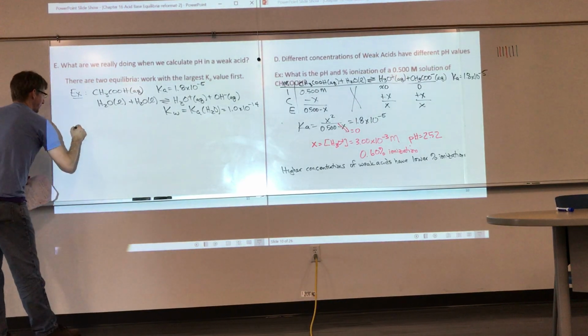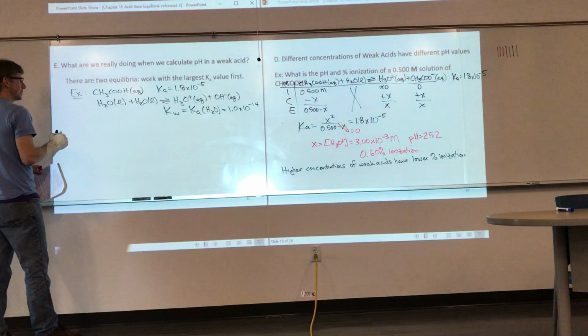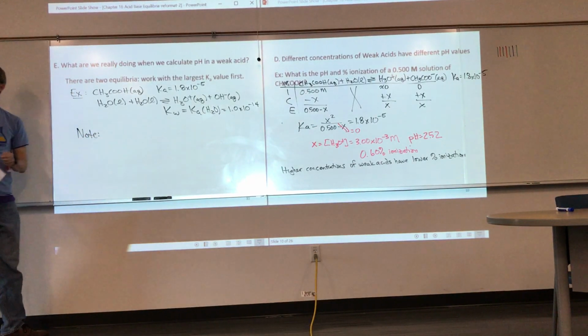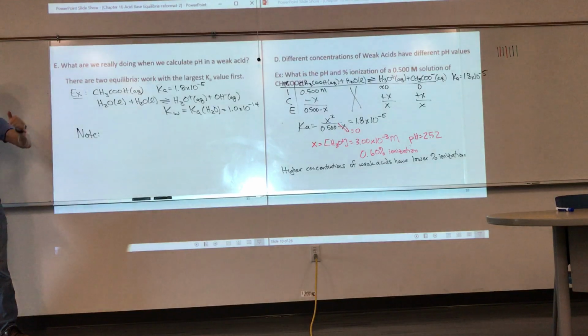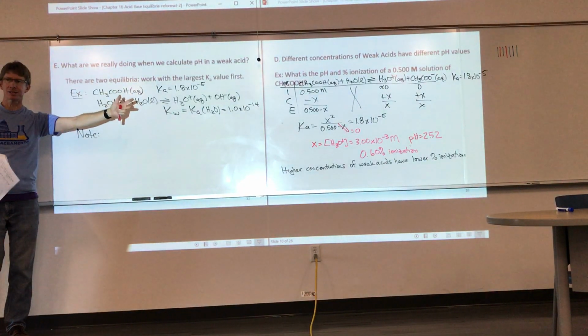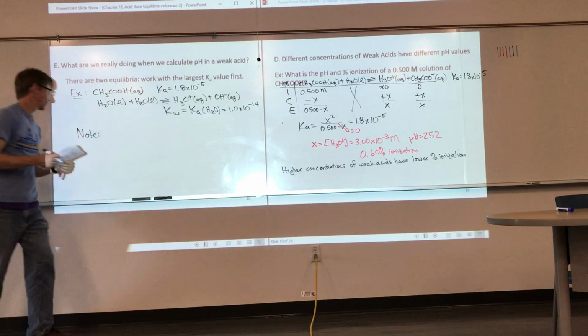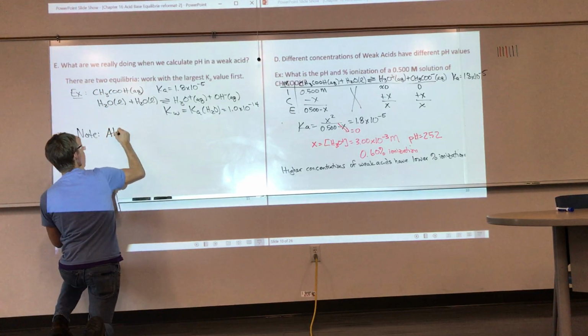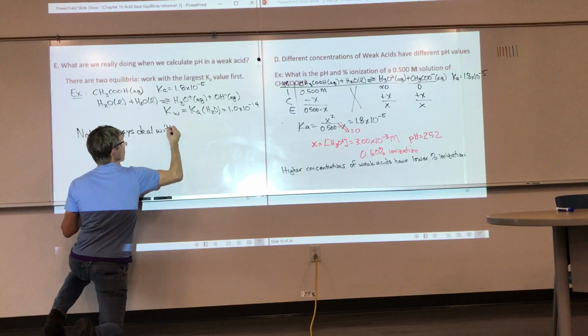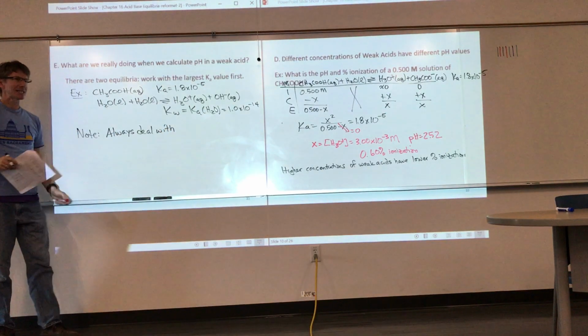But note, always deal with the largest equilibrium constant first, then the next largest, then the next largest, et cetera. So you're starting with the strongest. So I'm starting with the strongest acid, yes.